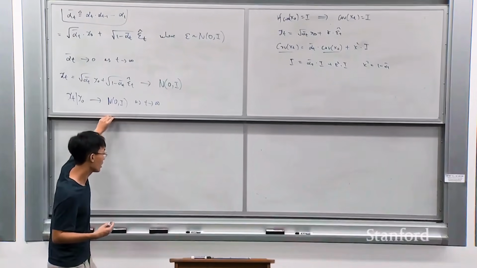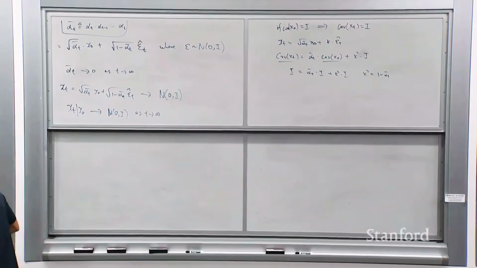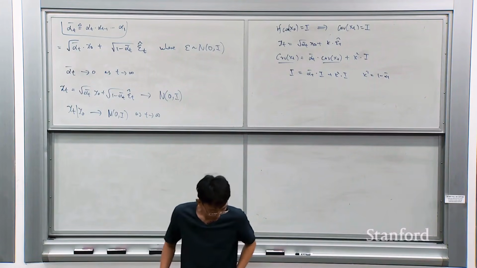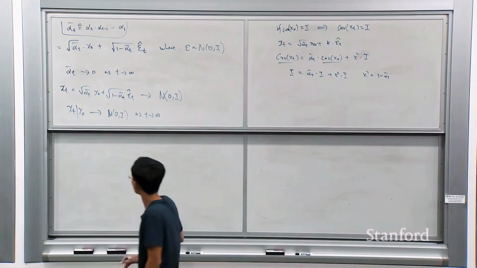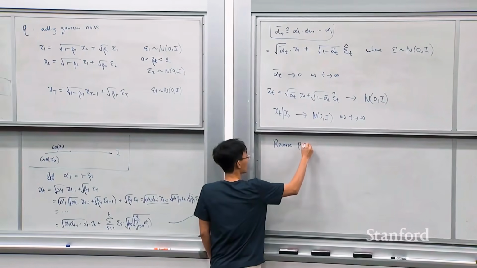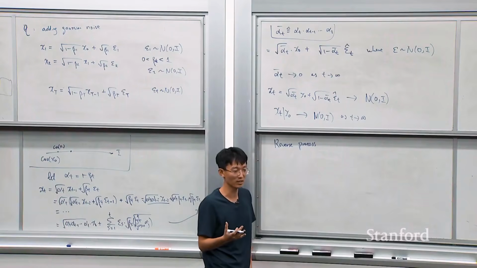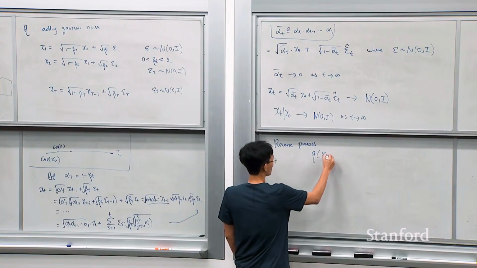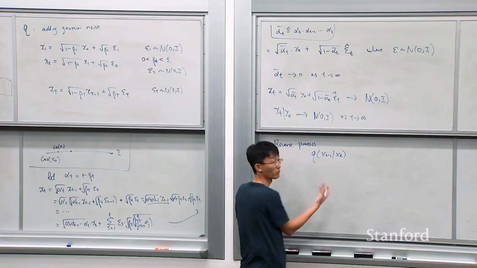The first thing to realize is that now we're talking about the reverse process. Fundamentally, you don't have to do anything: you just say q(xt-1 given xt) is the reverse process.